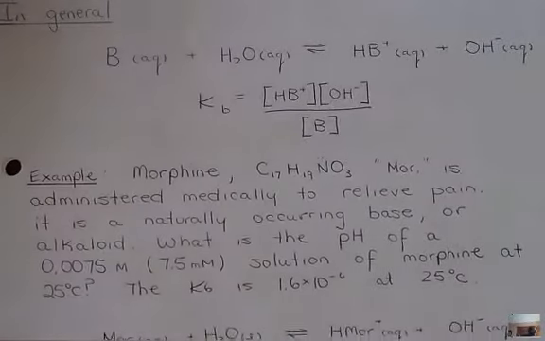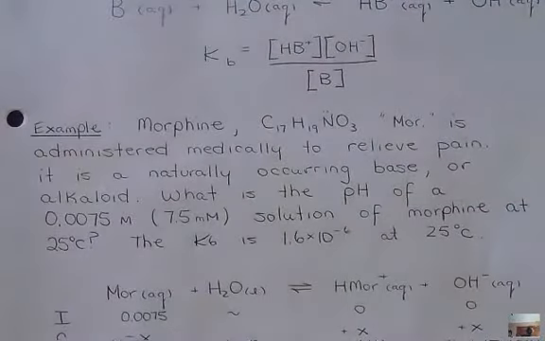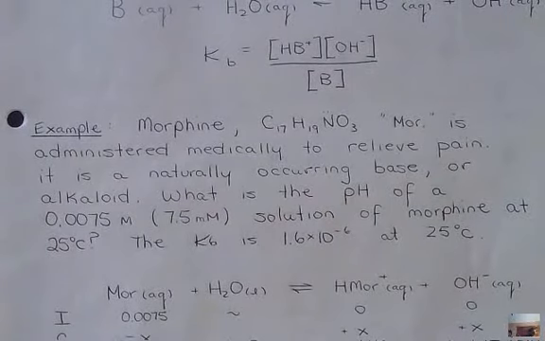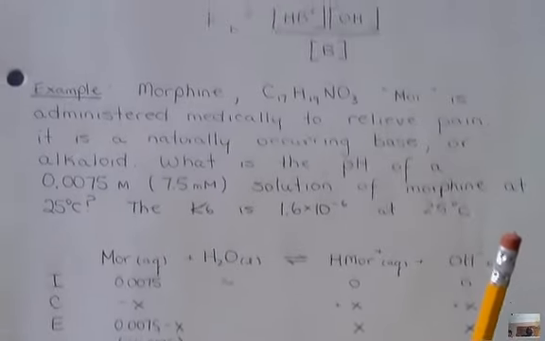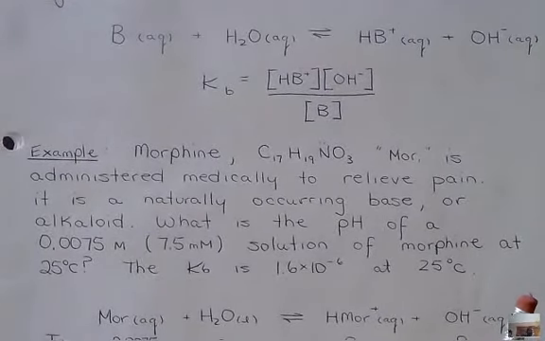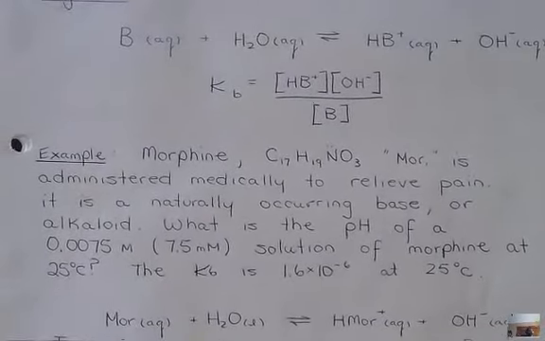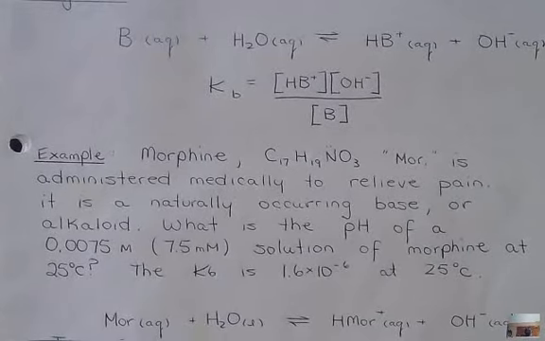So here's an example of calculating what the pH is of a solution of a weak base in water. So our weak base is going to be morphine. Not only is morphine a drug, it also happens to be a base.